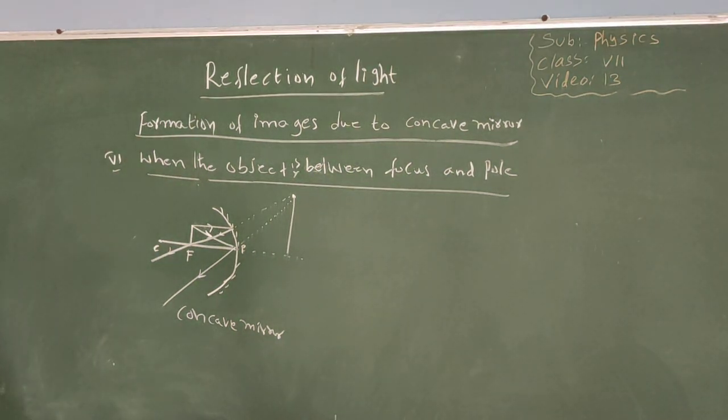So the object is placed between the focus and the pole, and the image is formed on the backside of the mirror.